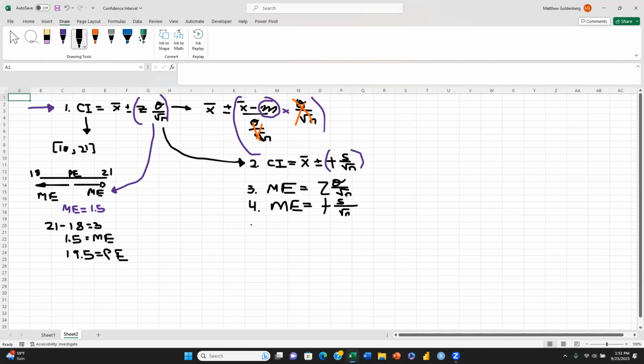The final equation you need to know, because the rest of it just varies on the parameter you chose, and I'll show you an example of that, is n is equal to parentheses, margin of error is on the bottom, and z is on the top, and theta over the square root of n.